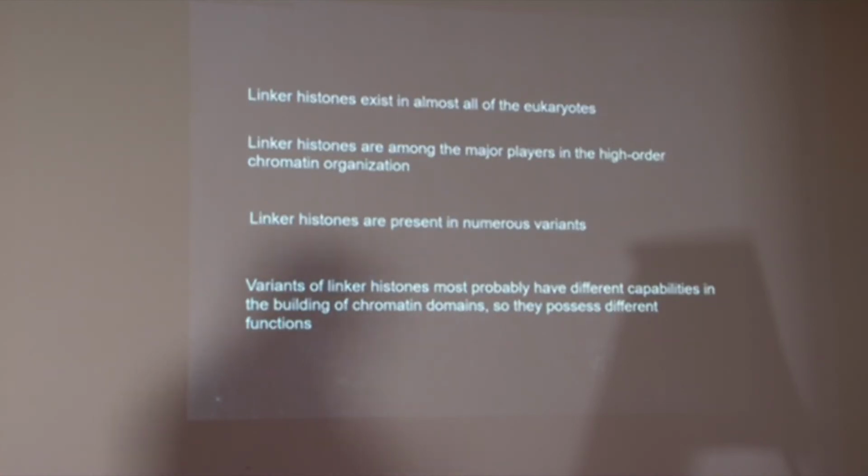And they've got different variants, and probably different variants are doing different things in the chromatin organization, and of course, they're making different contributions to the fine-tuning of transcription and probably other processes which are happening in the chromatin media.